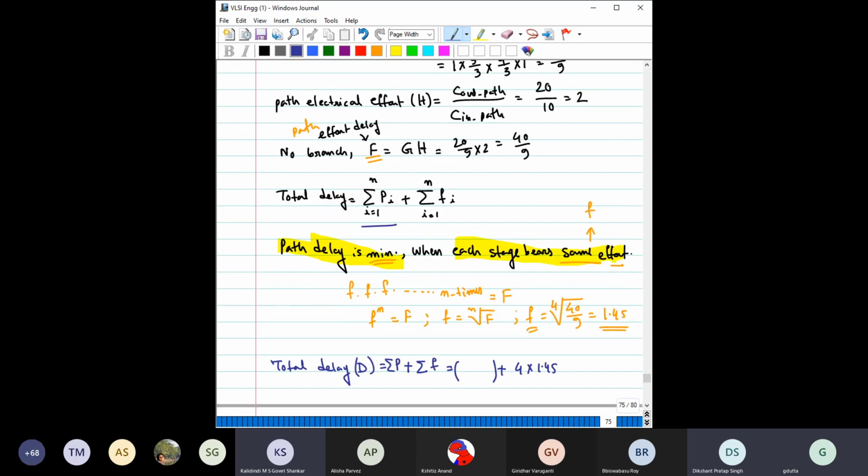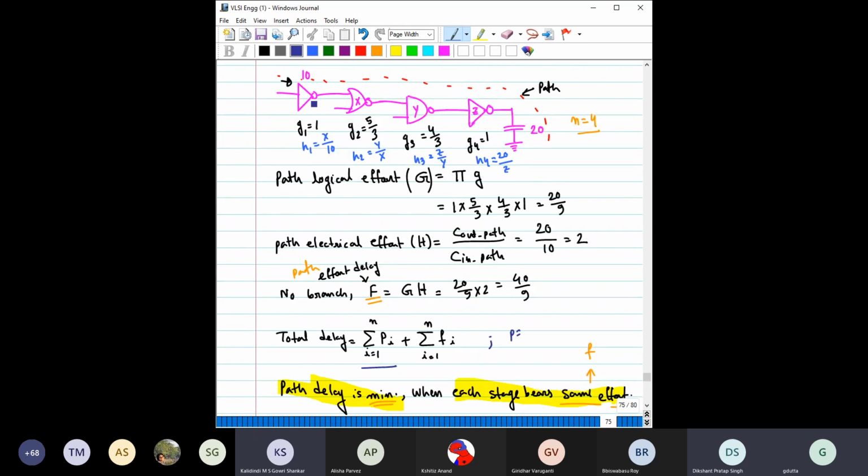Here we have to see, this is an inverter, so for inverter the parasitic delay is 1, for 2 input NOR it is 2, 2 input NAND it is 2, again inverter it is 1, so the total parasitic delay is 6, right?